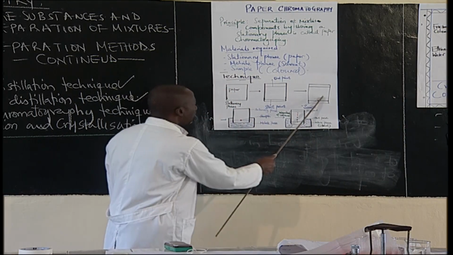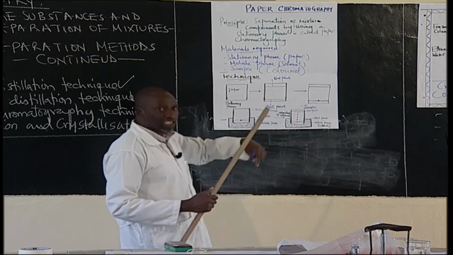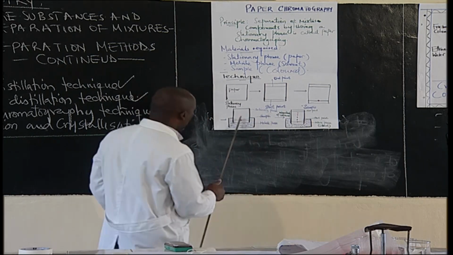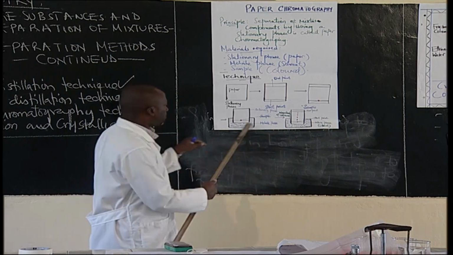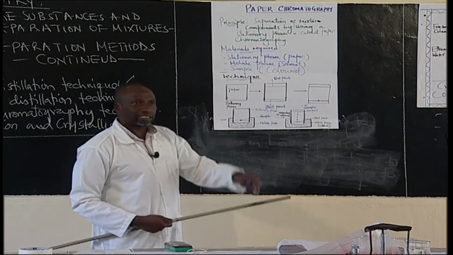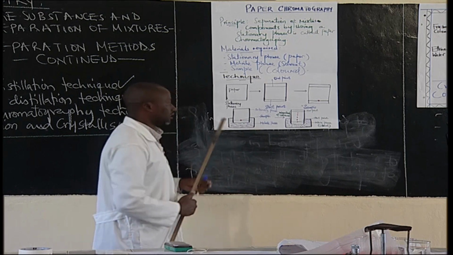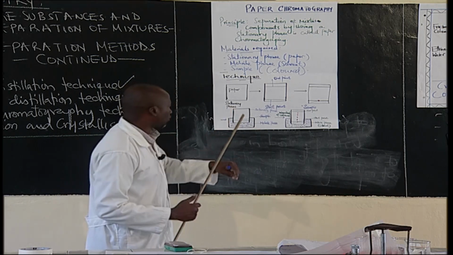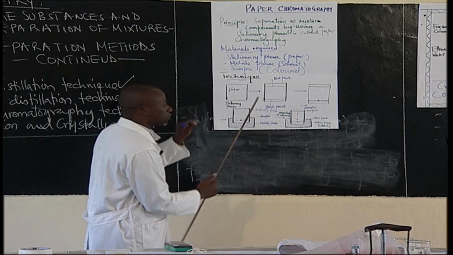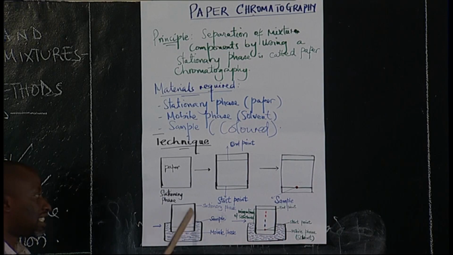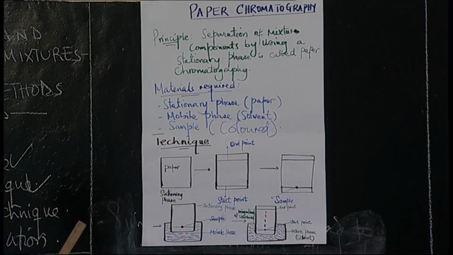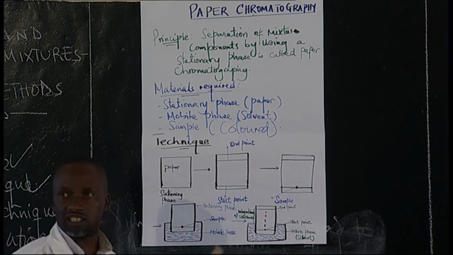And then, after putting the sample, you insert the paper so that part of it is dipped into the mobile phase. That mobile phase is a solvent. The sample is slightly above the solvent, and the paper is the stationary phase. What happens when it is inserted?